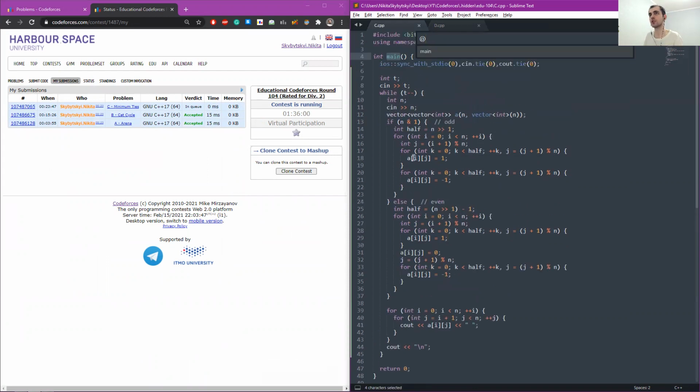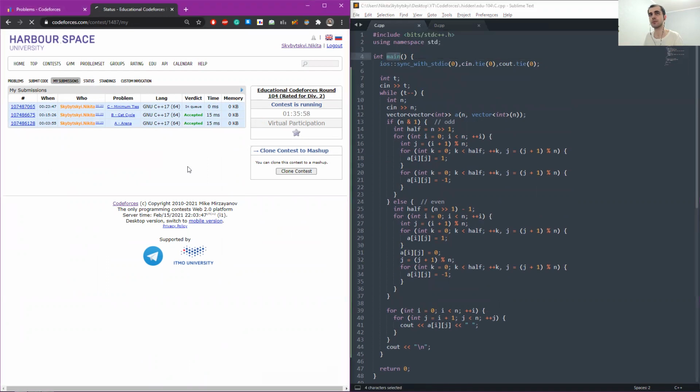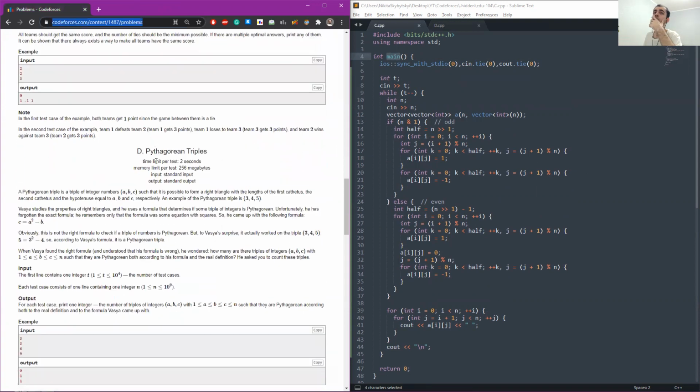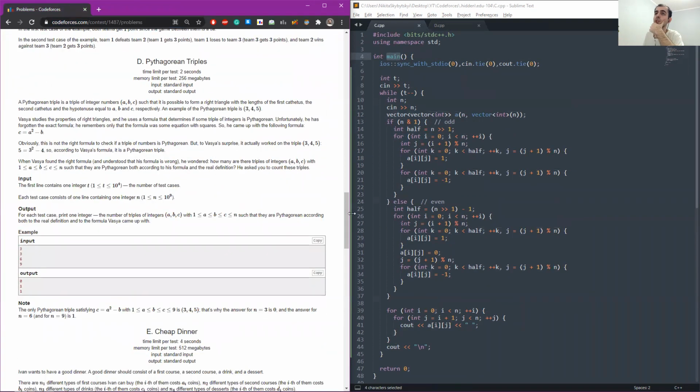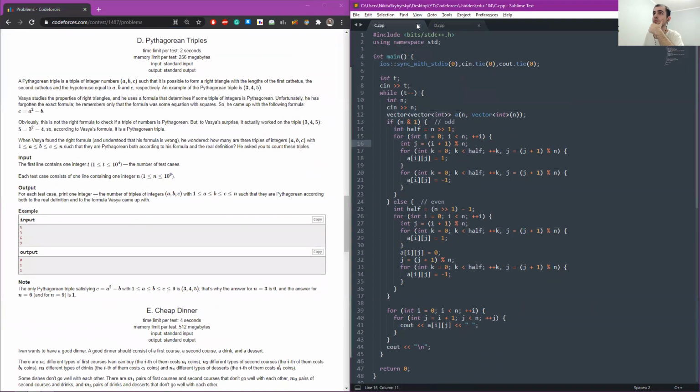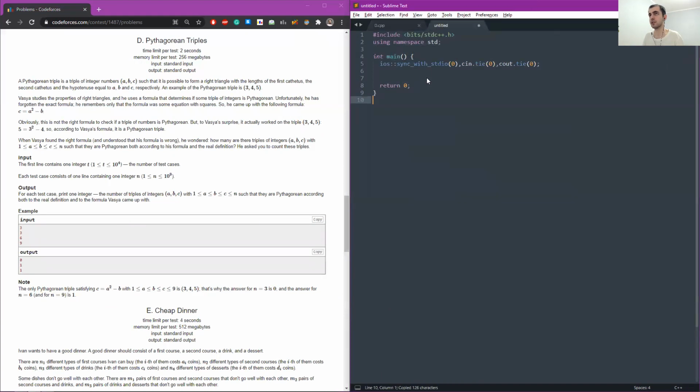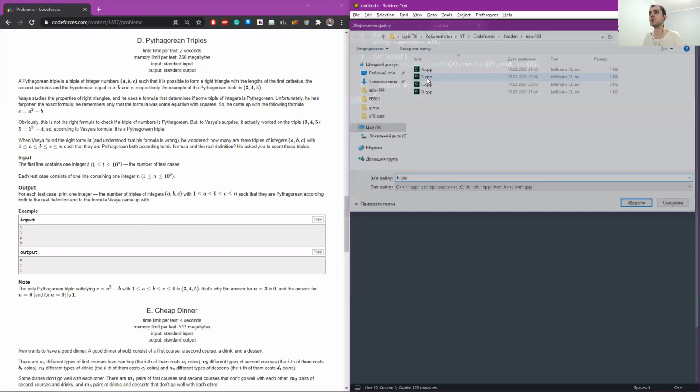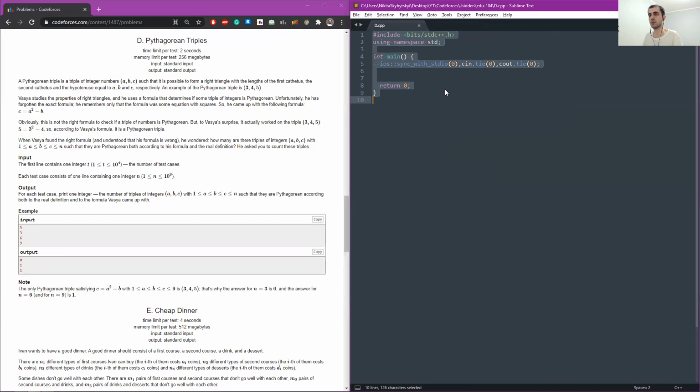Should I refresh it? Okay. Problem: DP Pythagorean Triples. We have 7 problems, right? So we should be able to solve 5, 6. I don't know about 7.